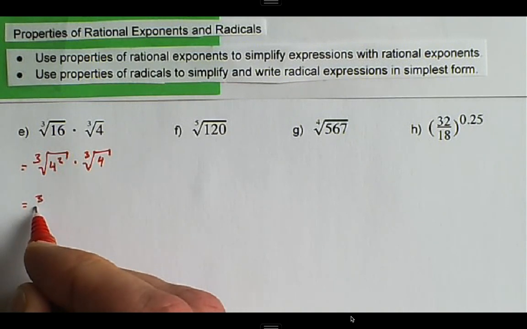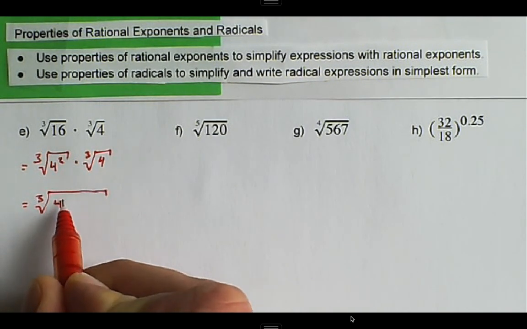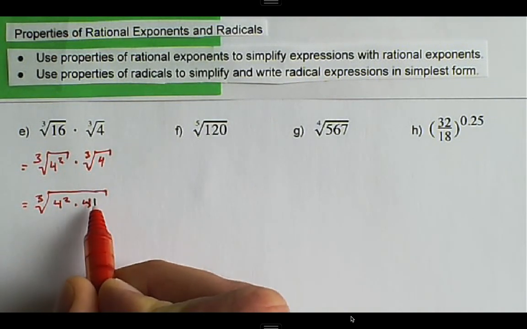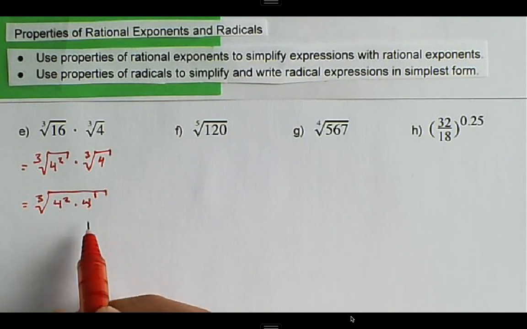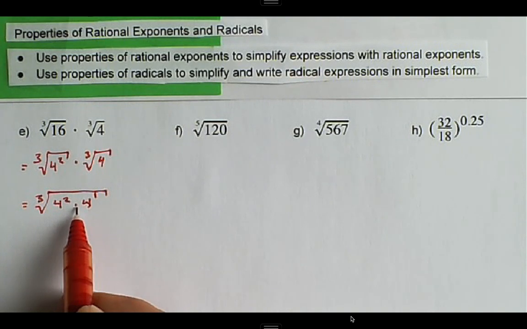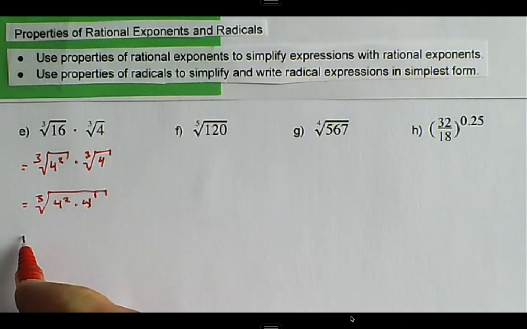So we can write the cube root of 4 squared times 4. And we know that if there's no exponent written there, then it's an exponent of 1. If we have the same base joined by multiplication, what we can do is just have one base and add the exponents.